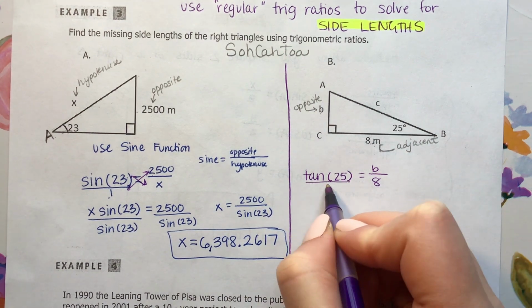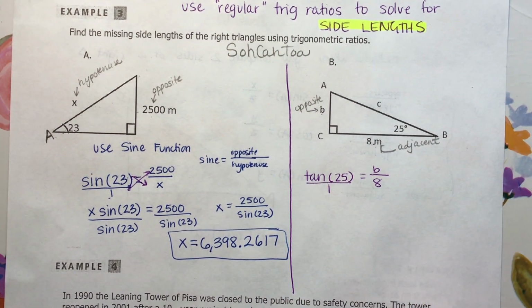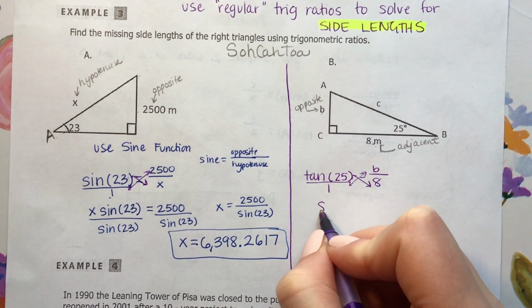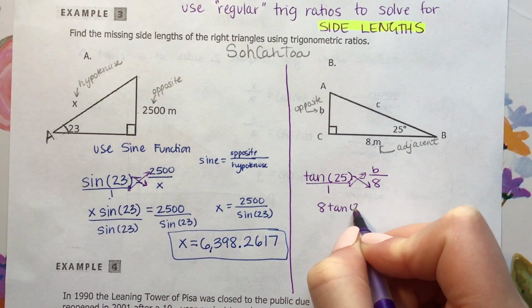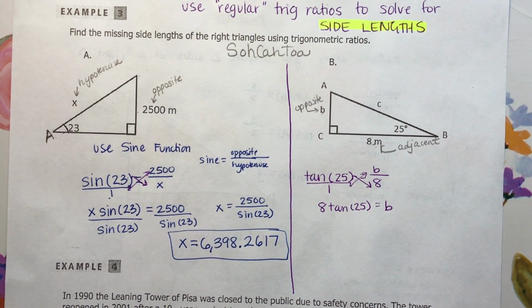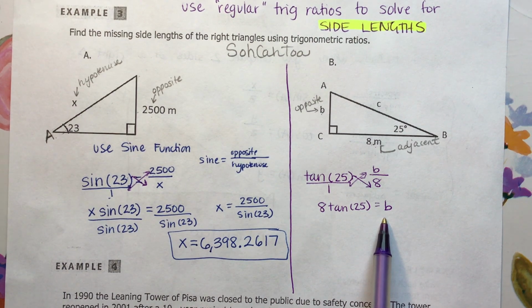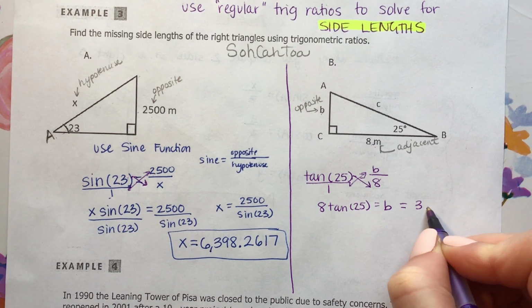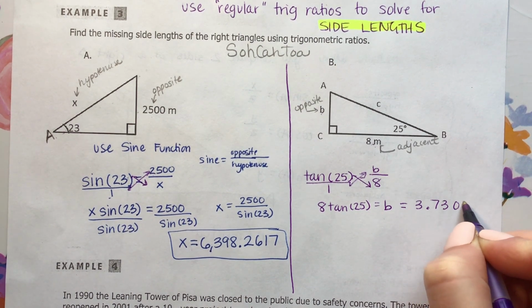If you want to put this over 1 again and then cross multiply, we can. When we do that, we get 8 times the tangent of 25 degrees is equal to b. Put 8 times the tangent of 25 degrees into your calculator, and we are going to get b is equal to 3.7305.